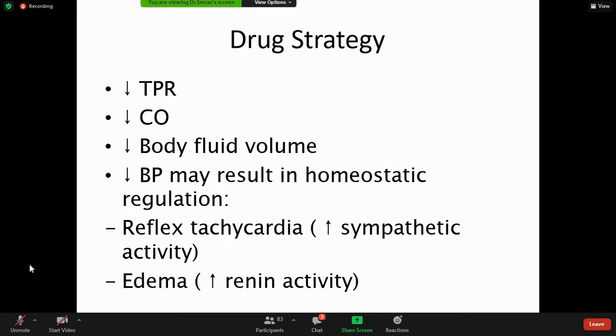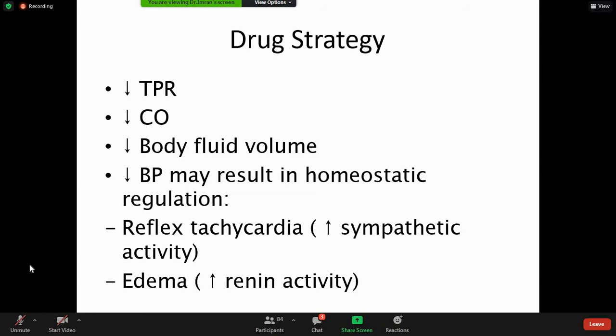Now, what are the drug strategies? Before discussing these drug strategies, let us recall the different points we have discussed. In hypertension, the involvement of cardiac output and peripheral resistance plays a key role, along with blood volume, right?